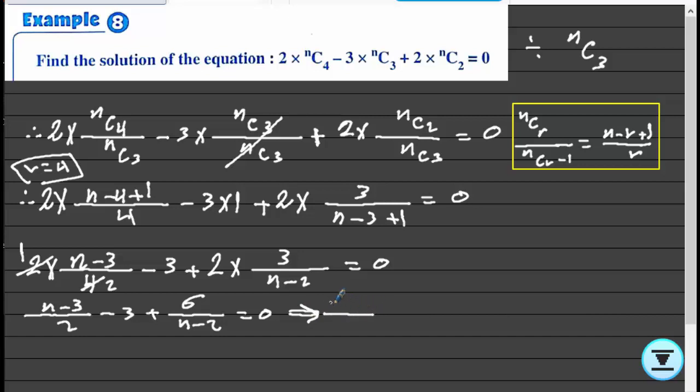So n minus 3 over 2 plus 6 over n minus 2 all equals 3. From left hand side to right hand side we must change the sign. It will be 3. Now how we add these two fractions?